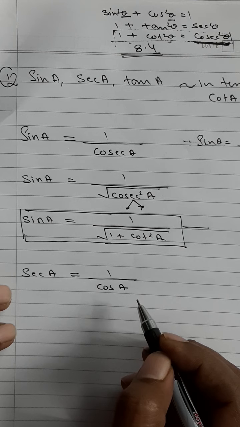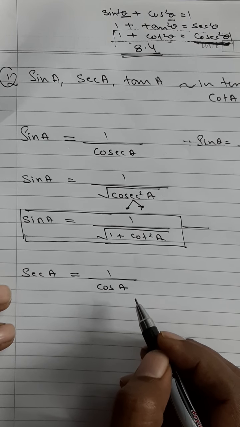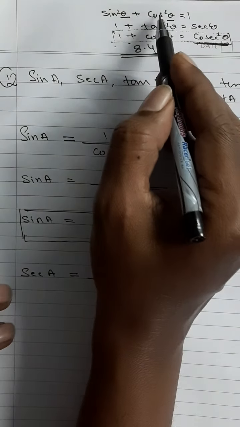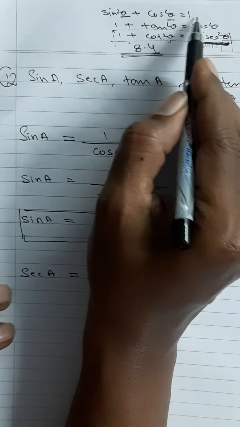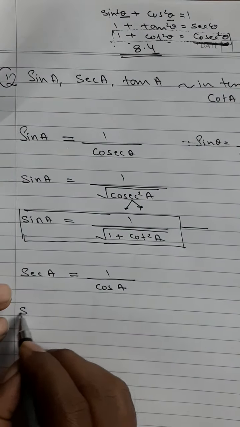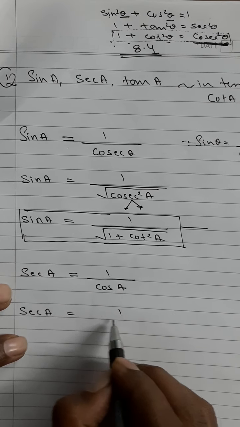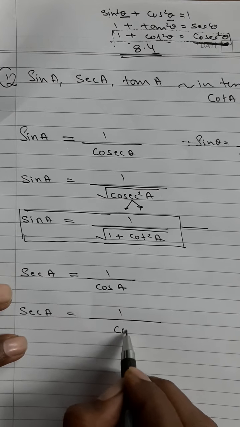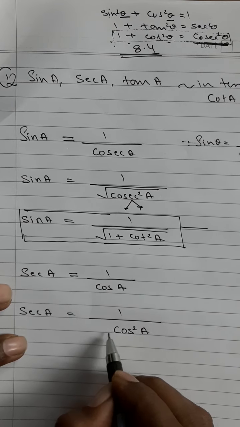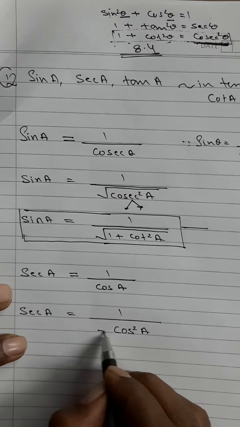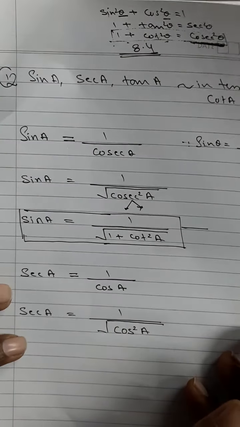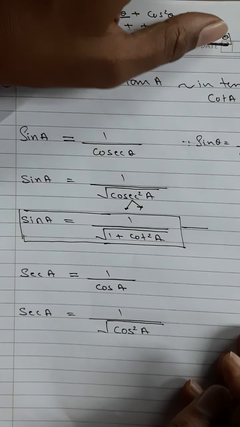Sec A is equal to 1 upon cos A. Okay, now if I shift, cos square theta will be equal to 1 minus sine square theta, so I will write this as sec A is equal to 1 upon root of cos square A, but then immediately I have brought this, so I will have to write this root over here.